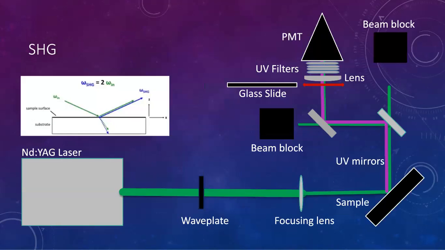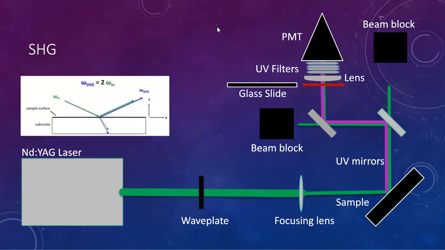So our first system we worked with was second harmonic generation, which follows a similar setup to this image shown here, where we have one input light that essentially 2 photons of that light combine to give us a frequency that's doubled.